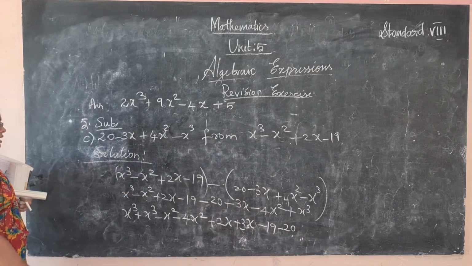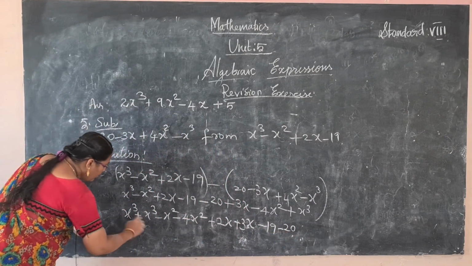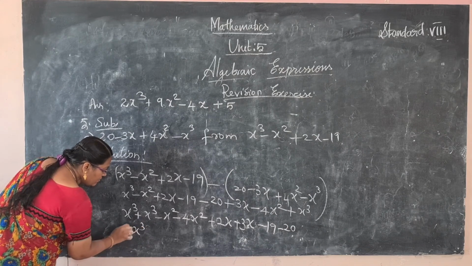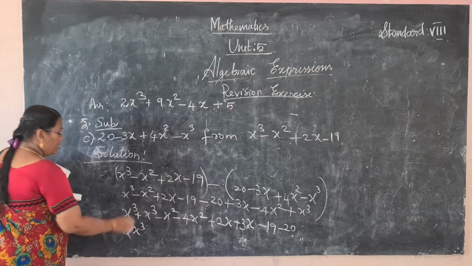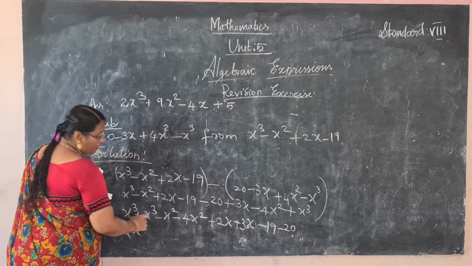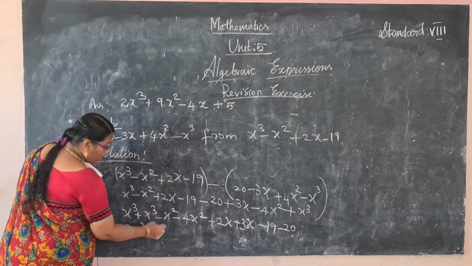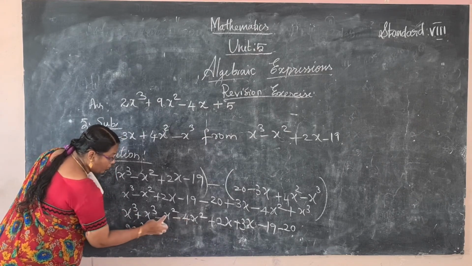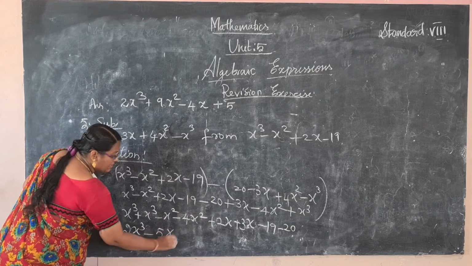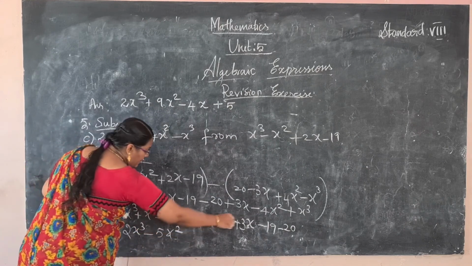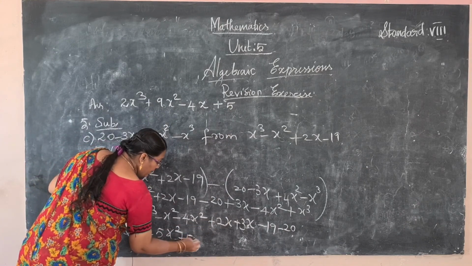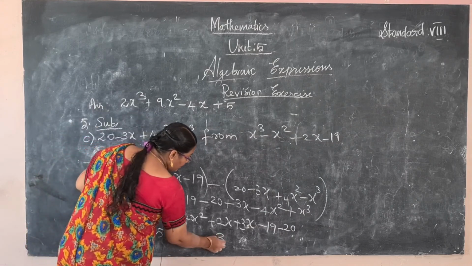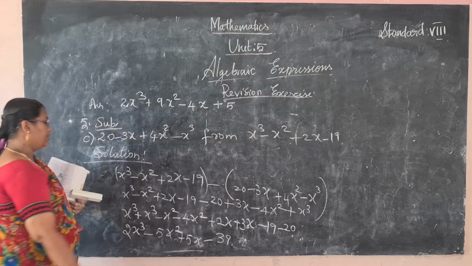Both having the same sign, so add and put the same sign. x^3 plus x^3 is 2x^3. Minus 4 plus 1 is minus 5, so minus 5x^2. And the x term, 5x. And then minus 39. That's it.